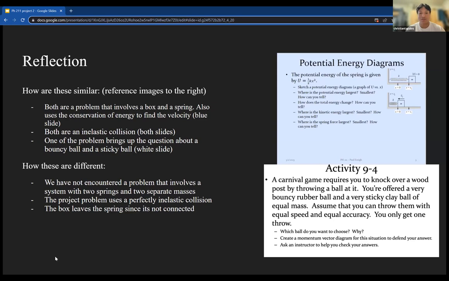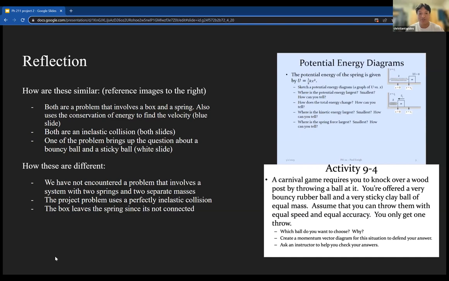For the white slide, it involves a bouncy ball and then a sticky ball. How that relates is that with the sticky ball side and our project problem, we have a similarity when the blue and the red box stick together, as well as in the white slide when the sticky ball sticks to a wooden plank.